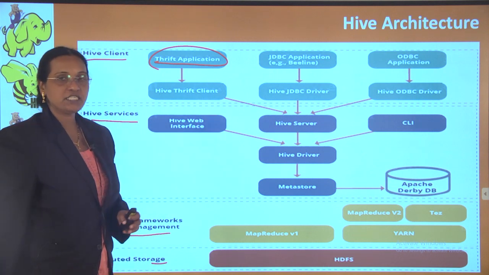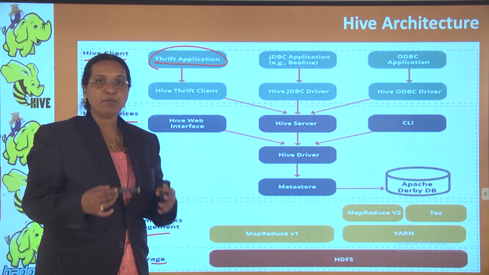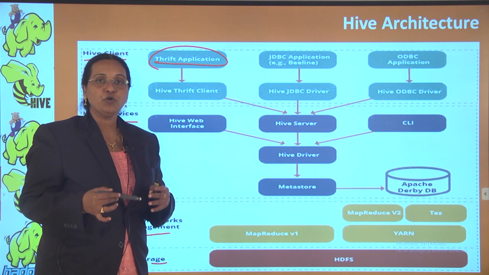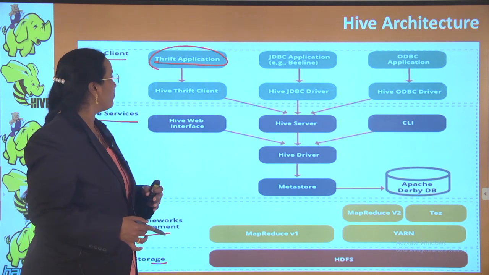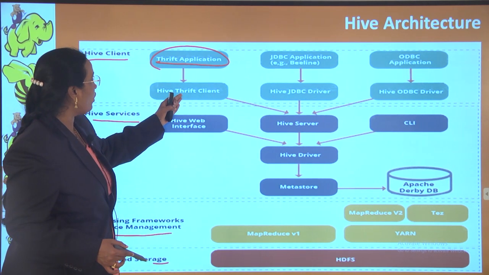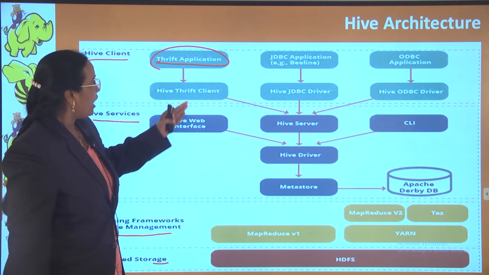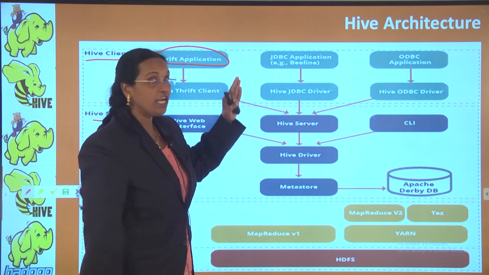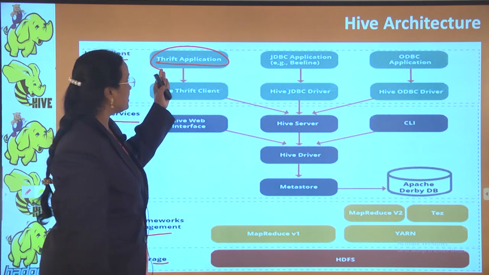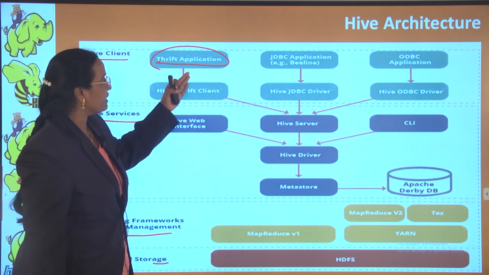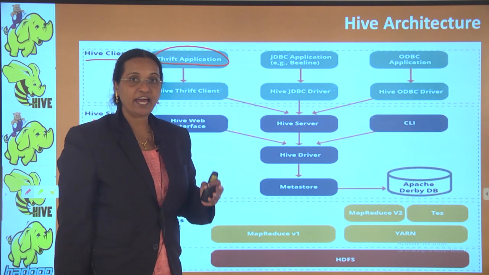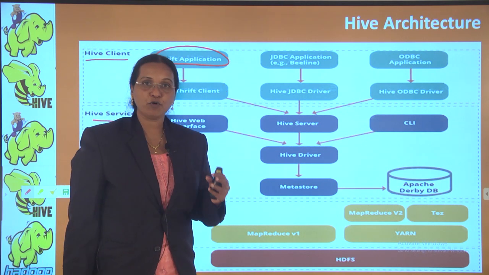So thrift applications are nothing but some important applications which are designed to meet the purpose of the Hive. So the Hive clients are going to be interacted by the thrift applications, and we have JDBC applications. So this thrift application is one way. Another way is JDBC applications where you are going to write the Java programs.